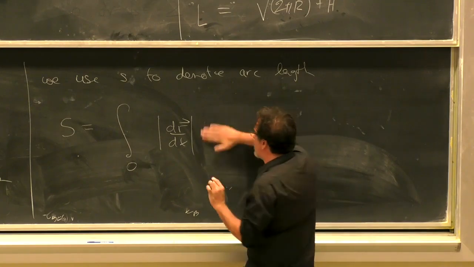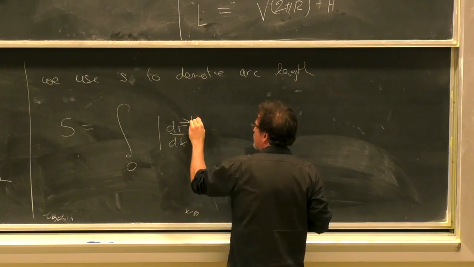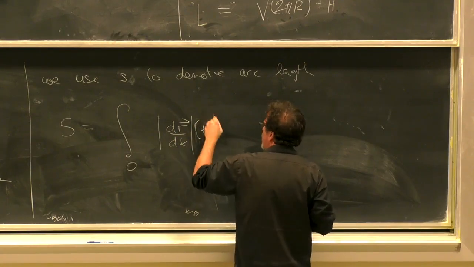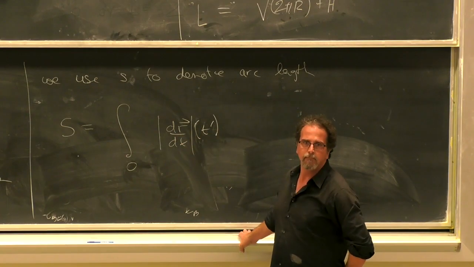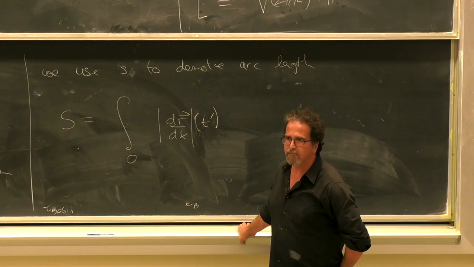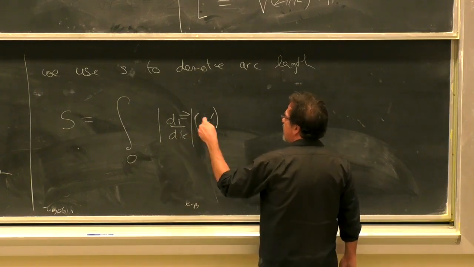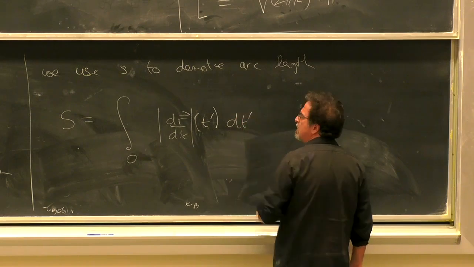I'm going to emphasize that dr dt is a function of time, and I'm going to use the dummy variable t prime. This is not a derivative. It's just a dummy variable associated with t. So dr dt evaluated at t prime, integrated with respect to t prime.